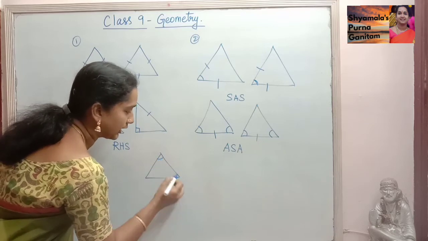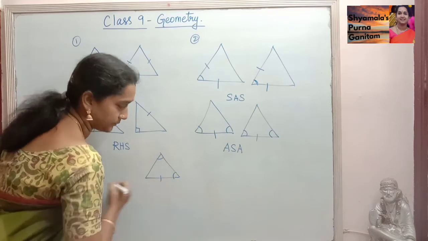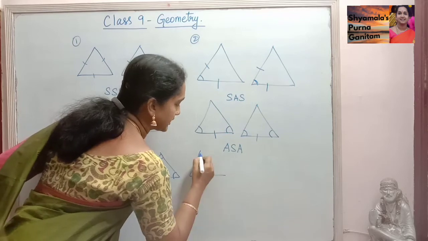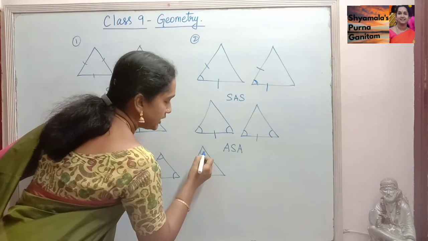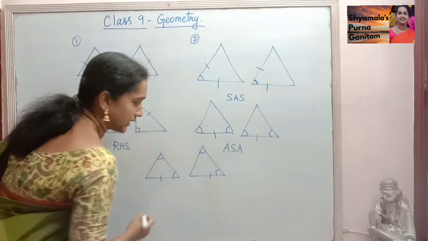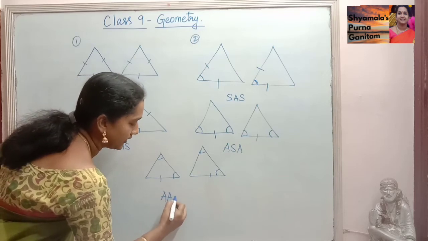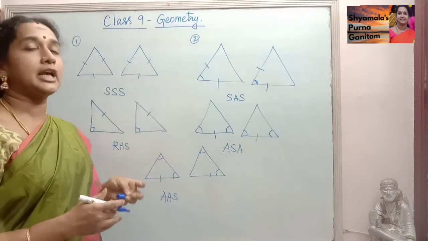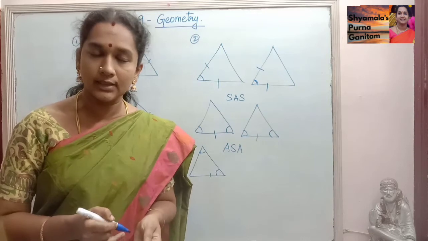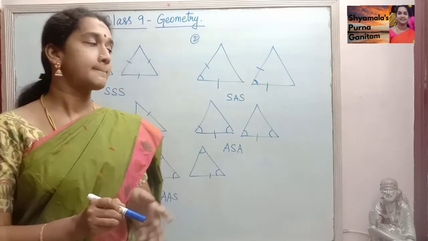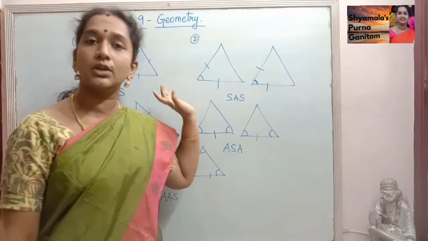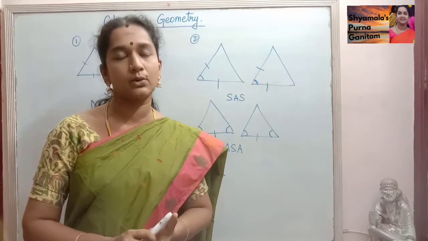AAS, any two angles and one side. So these are the types of congruency of triangles. So these things you have already learnt. So based on all these things only we are going to see exercise sums. Okay, thank you.